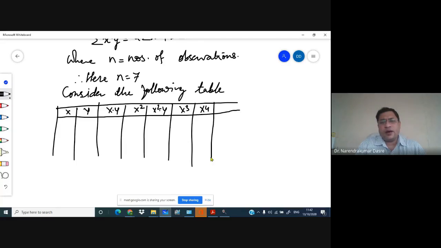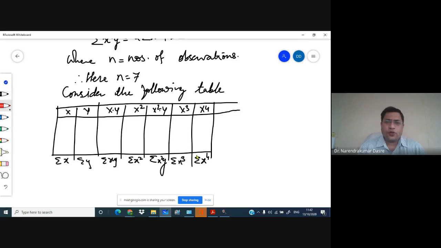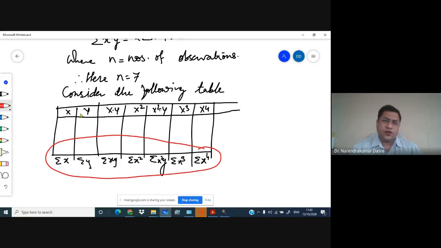What we are interested in are summation x, summation y, summation xy, summation x square, summation x square y, summation x cube, and summation x raised to 4. So we are interested in these entries, and that's why you now know how to make the table.